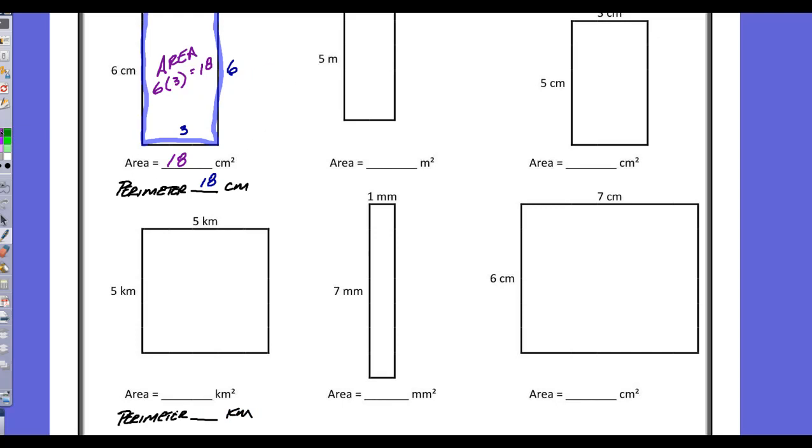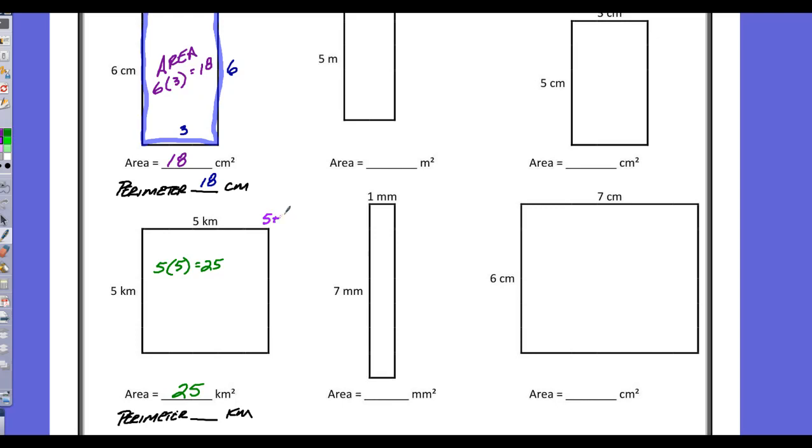So for this, the area would be the 5 times the 5. So 25, that describes a space in here, 25 square kilometers. And the reason I picked to have this one is that it's a square, which means you could add all the sides.